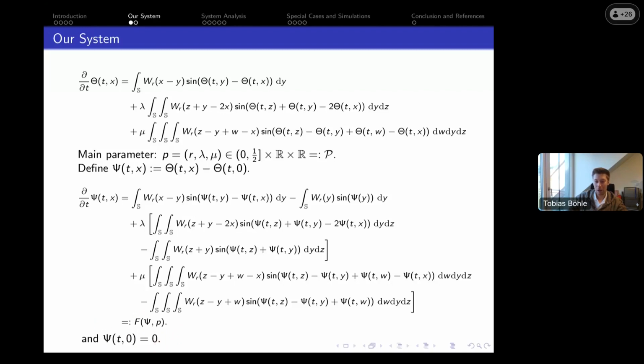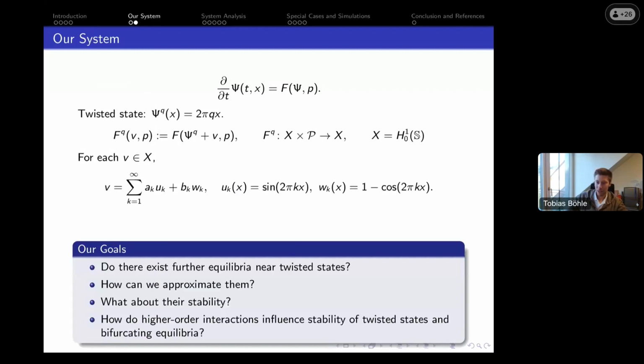And that's important because then in the system of phase differences, you cannot perturb by a constant function anymore. To summarize, we now consider this differential equation, and in this system of phase differences, a twisted state is just given by the function 2 pi qx. Now you cannot add a phase shift anymore, because if you did that, you would violate the boundary conditions.